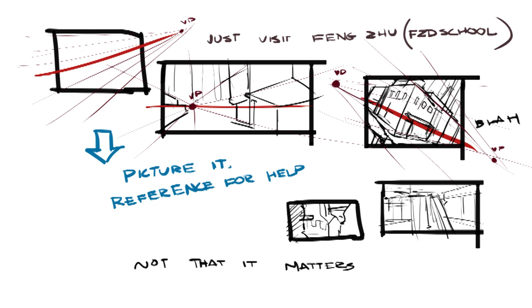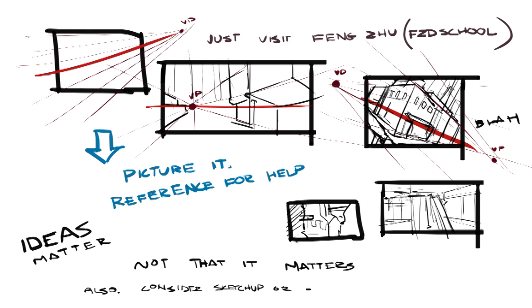So anyway, you can use references if you want. You can use all these perspective guidelines if you want. Or, like I said, not that any of it matters, you can do things however you want. You don't have to use perspective lines if you don't want to. You can just fill in shapes in a box and see if any ideas come to mind. It is art. There are methods for doing it well.